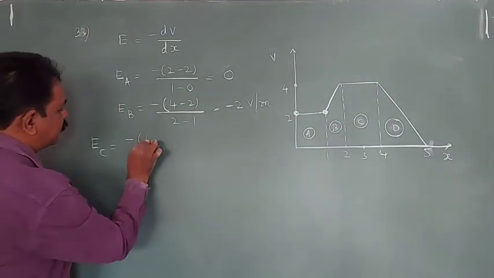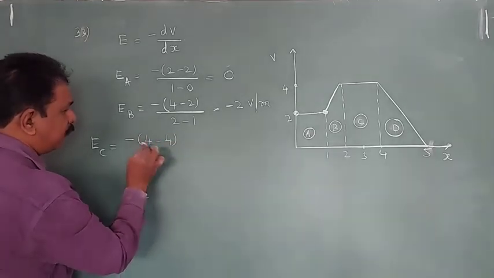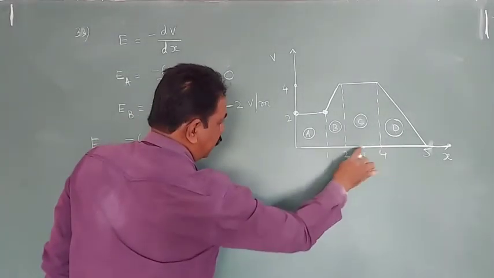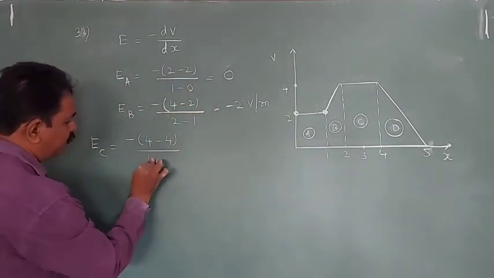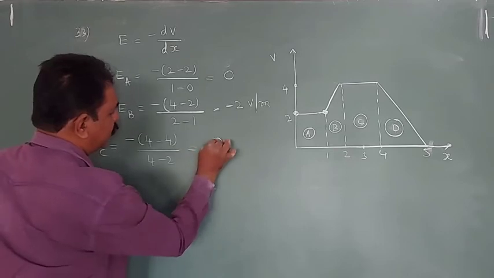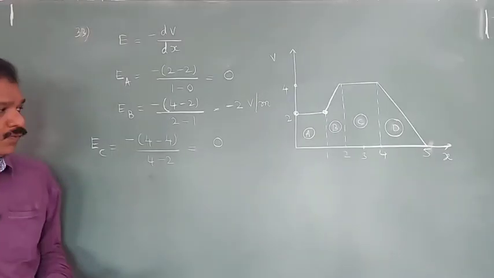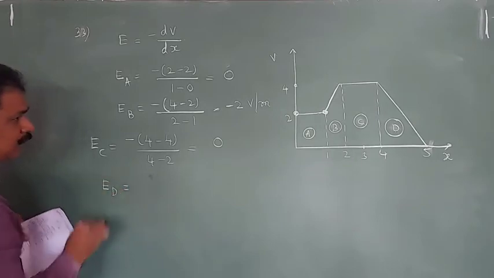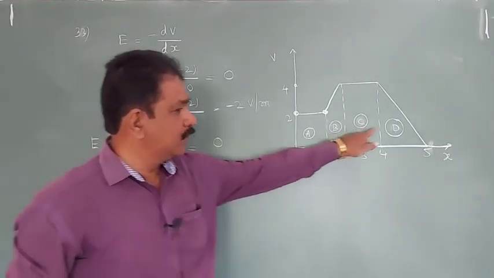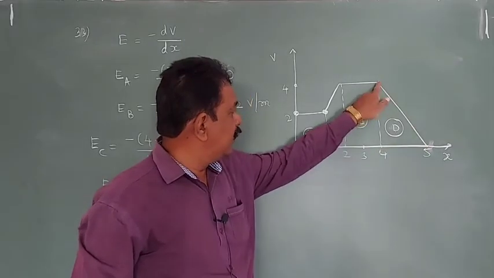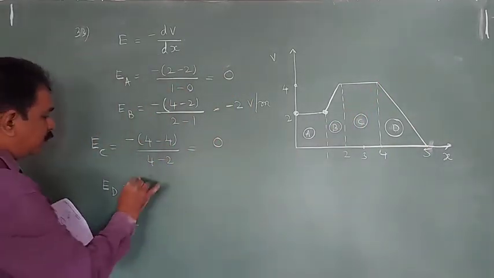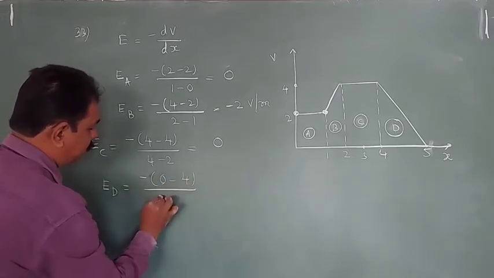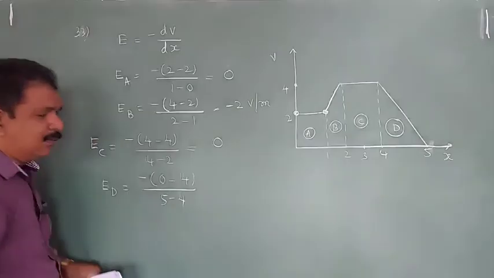So minus of 4 minus 4 by, here 4 x value, here this is 2, 4 minus 2, this value is equal to 0. If you write for ED, this portion, here 0, here it is 4. So minus of 0 minus 4 by 5 minus 4.